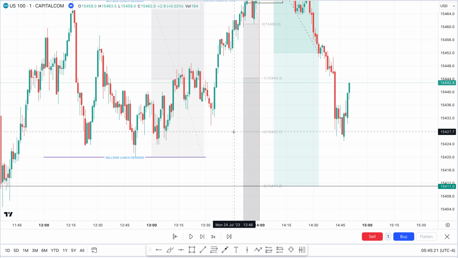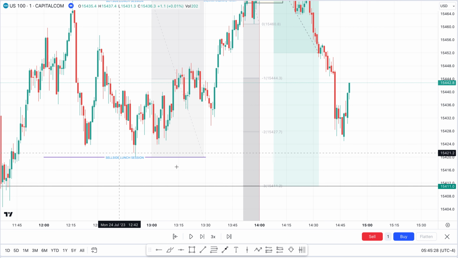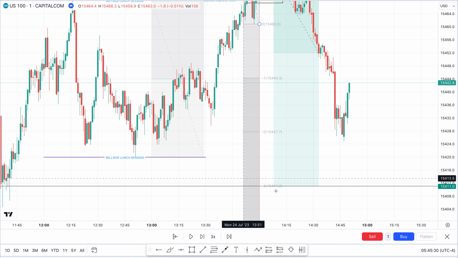So you could take partials at -2 and then collapse the whole position at -3 because it's now below lunch, or maybe leave a small runner.